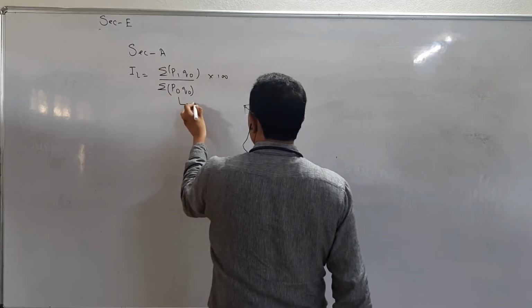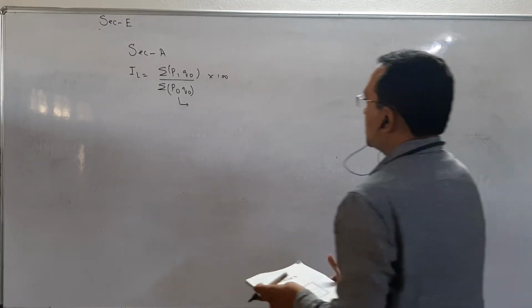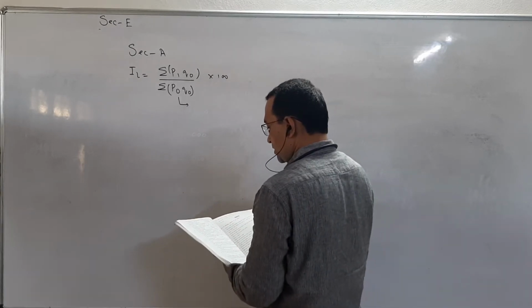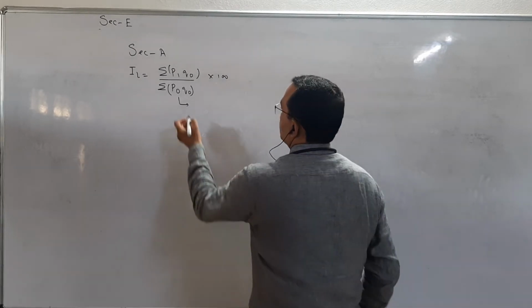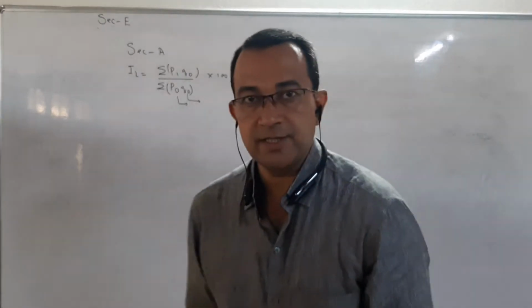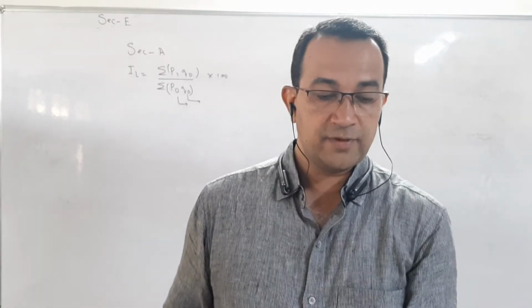P0 Q0 is the expenditure of base year, and the quantity used is the consumption of base year, Q0. And expenditure of base year as weight is altogether a different thing.